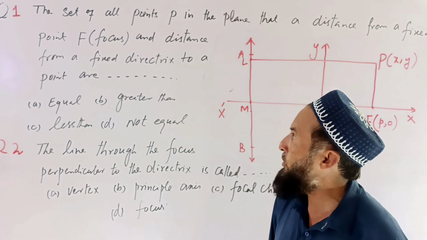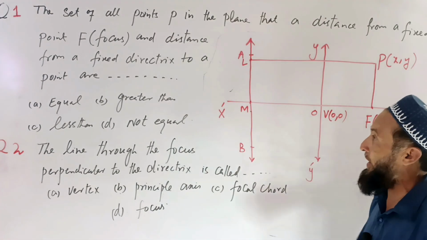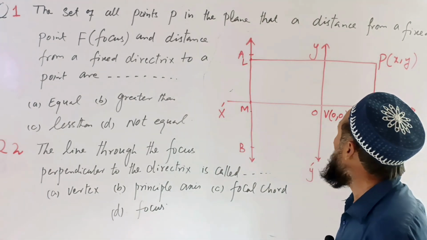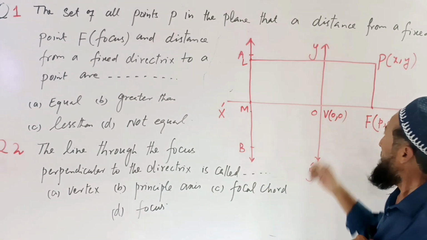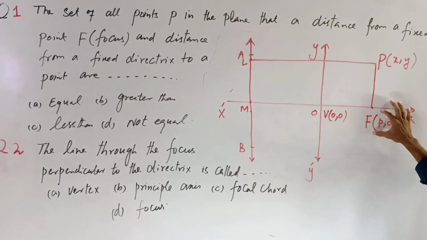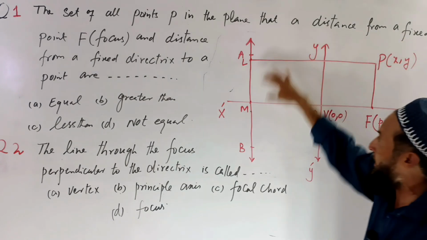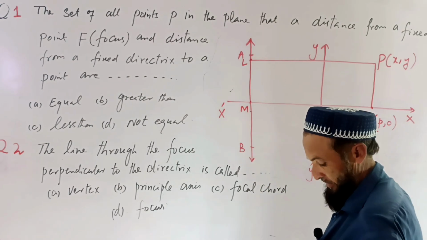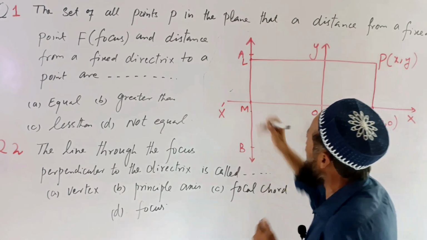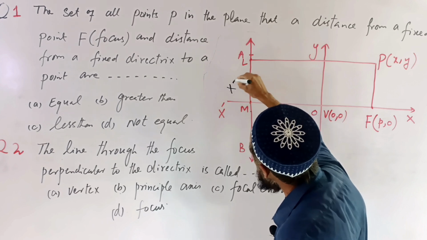Today we are going to start MCQs on the topic of parabola. We have a sketch drawn. F is the fixed point, called the focus, and P(x, y) is any point. AB is the directrix line, x equals minus p.